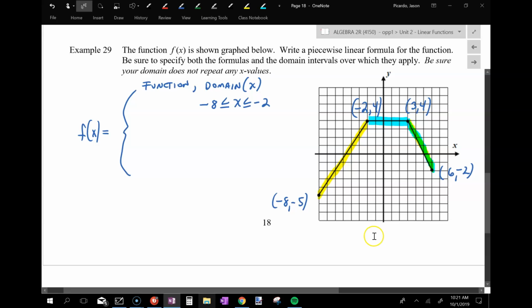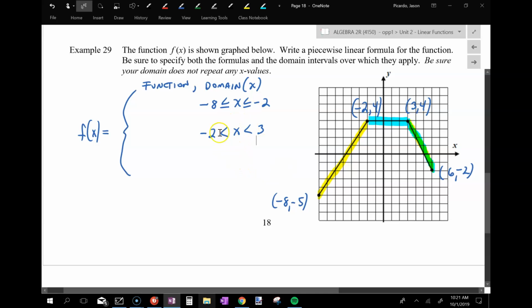Where's the blue start? At -2, right? Where's the blue end? At 3. So watch what I'm going to do. I'm going to start at -2. I'm going to end at 3. Guys, Calissa, here I included the -2, right? Because I said what? Less than or equal to.